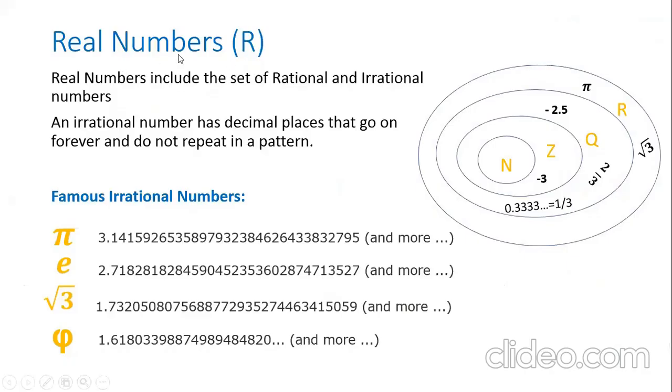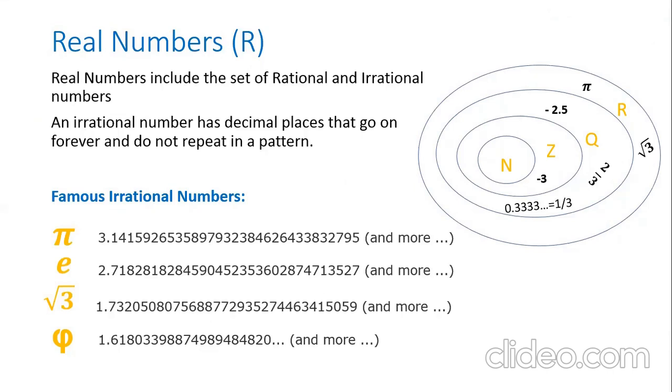The set of real numbers, and we refer to this set by the letter R. This set includes the set of rational numbers and the set of irrational numbers. In the previous lessons, we talked about the natural numbers, the integers, and the rational numbers.